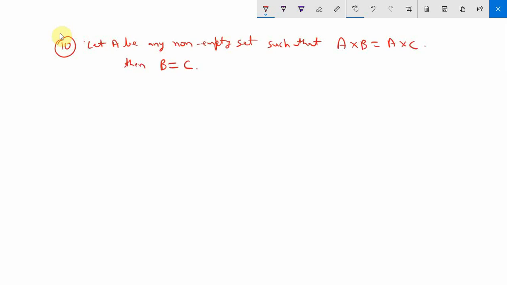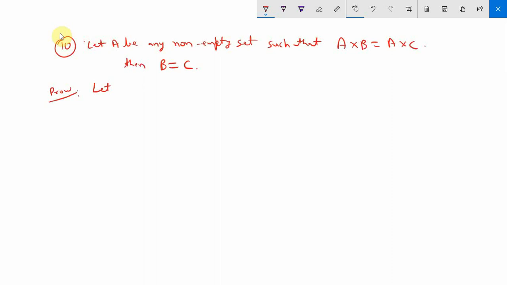And next theorem is, let A be any non-empty set such that A × B is equal to A × C, then B should be equal to C. So if A × B equal to A × C, we have to prove B equal to C. So how we can prove that?